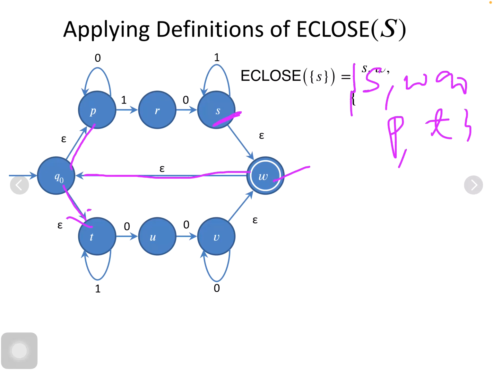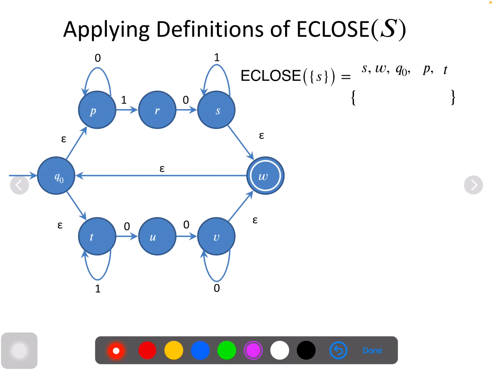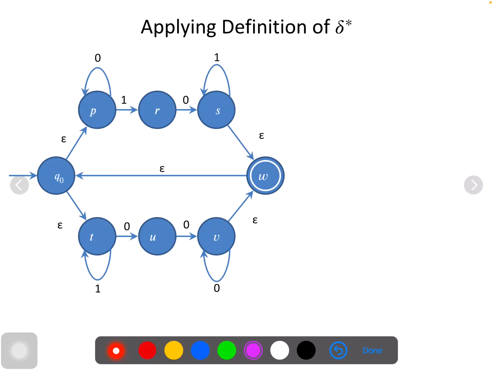Look at this: S, W, Q naught, P, T. Understand now? So E-closure of S: from S you can reach W, from W to Q naught, to P, then Q naught to T. So this much is the E-closure.